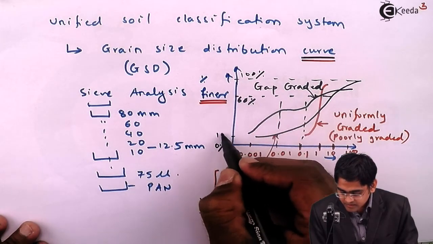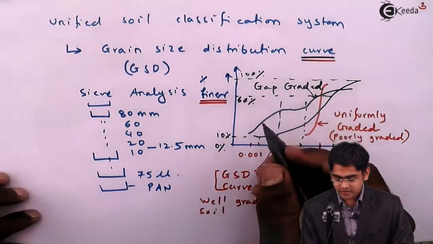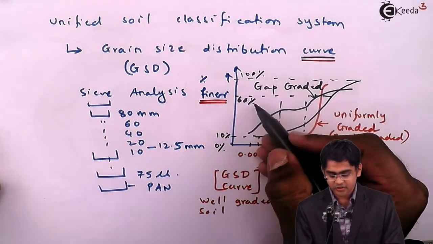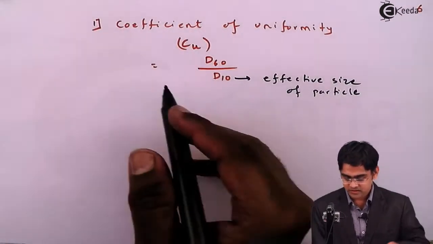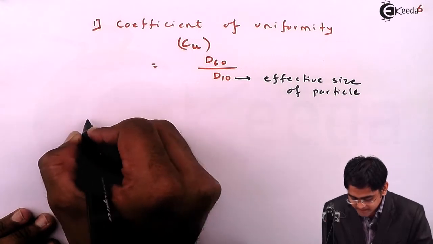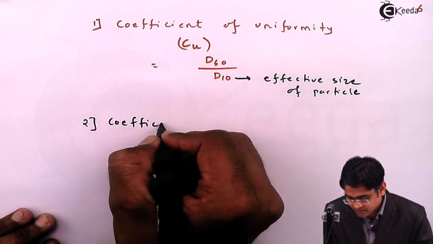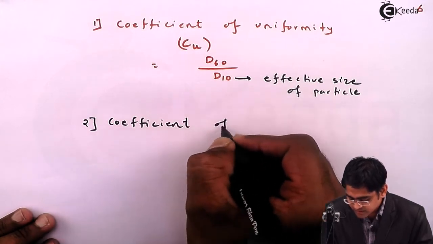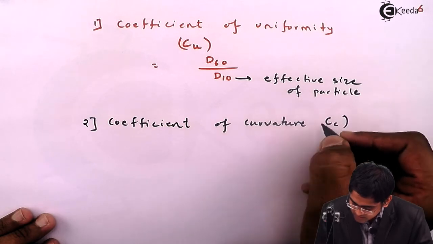Suppose this is 60% and this is 10%. You need to find these particular sizes, and take the ratio D60 by D10. You will find the coefficient of uniformity, and the second parameter is the coefficient of curvature, called Cc.